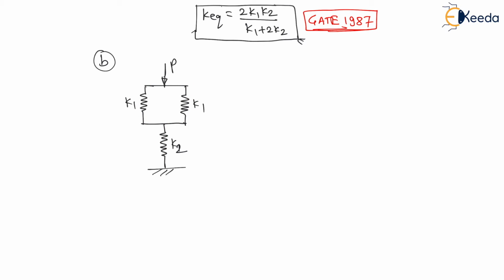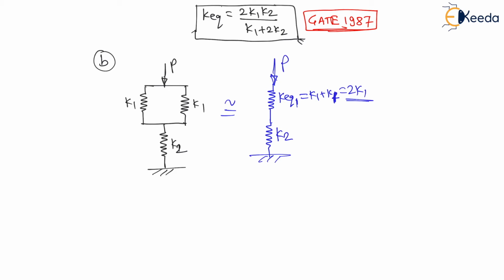Therefore there will be a first equivalent, equivalent 1 for k1 and k1, that is k1 plus k1, which is nothing but 2k1, and this 2k1 is in series with k2, and there will be a force on this, right?